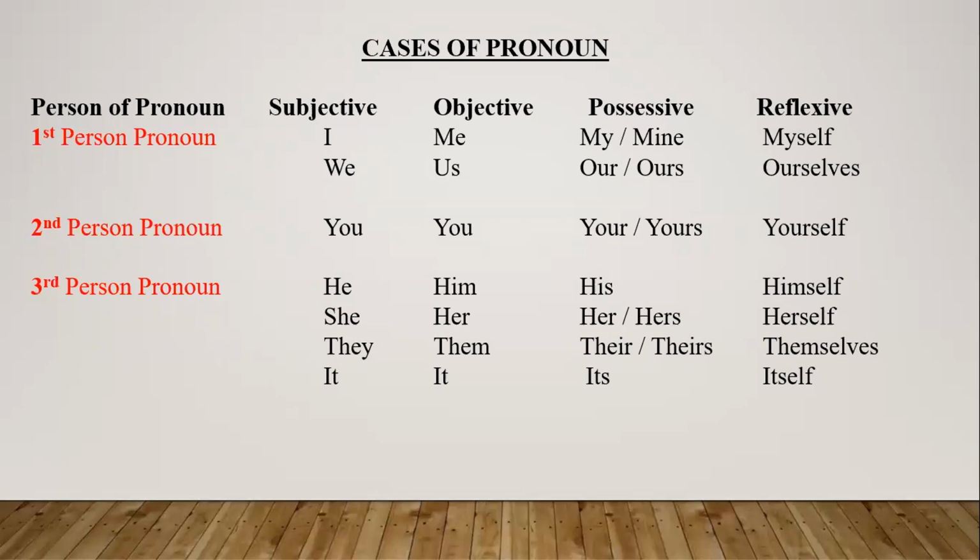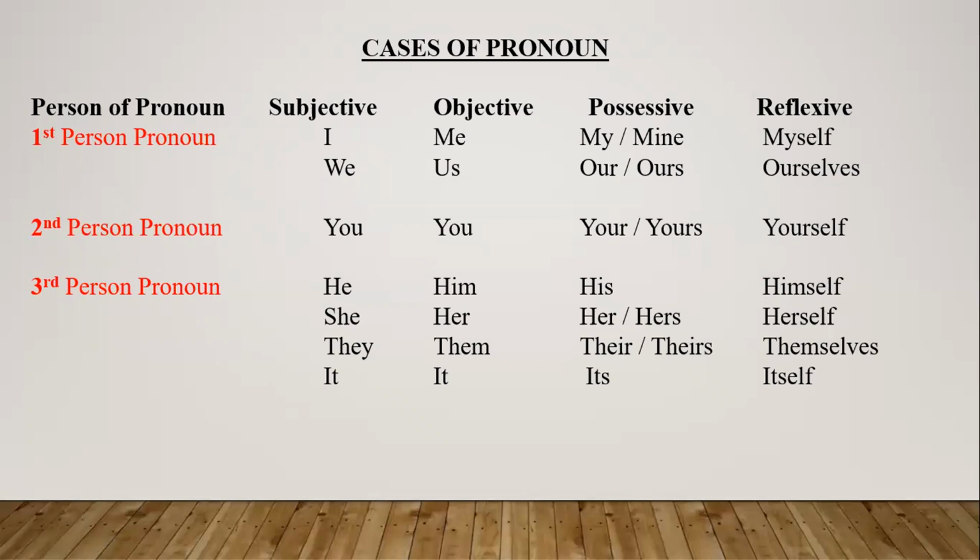For example, I, objective case me, possessive my, you can use mine also, and reflexive myself. We, us, our, ours, and ourselves. Second person: you, your, yours, yourself. Third person: he, him, his, himself. She, her, hers, herself.